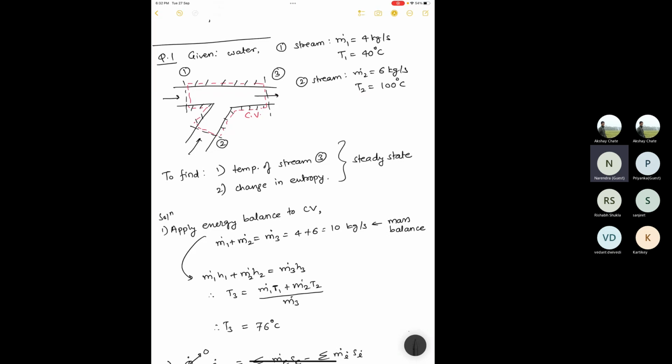Because if it is water, enthalpy H1, can't we get from the temperature given? H1 enthalpy, it is Cp into T1. So I think that is the formula for the gas.